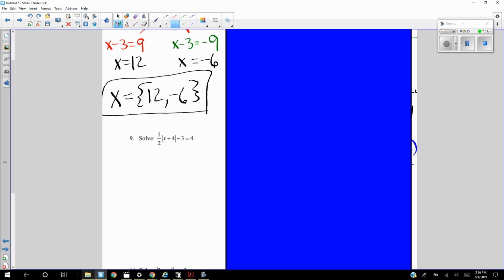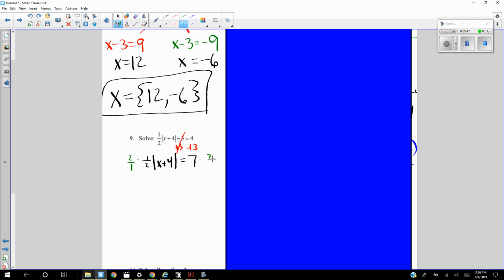Number 9, this one we do need to isolate the absolute value. So I'm going to add 3 to both sides first. And then we need to get rid of the 1/2. So instead of dividing both sides by 1/2, I'm going to multiply both sides by the reciprocal of 1/2.